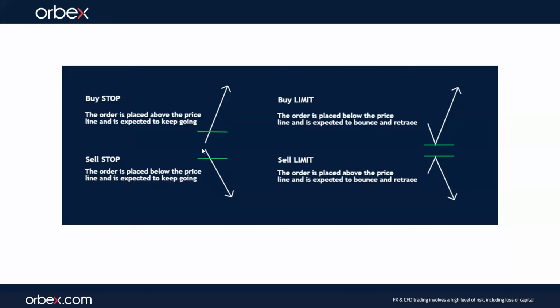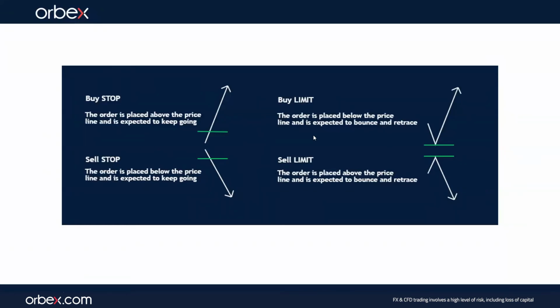So the market is currently trending up here. I'm expecting this line to be hit and then the price to keep moving lower. Once this price is hit, my sell stop position will be activated in the market, and then my trade will be open, and hopefully the market will keep going lower and I'll keep making a profit. On the other side of that, we have the limit orders.